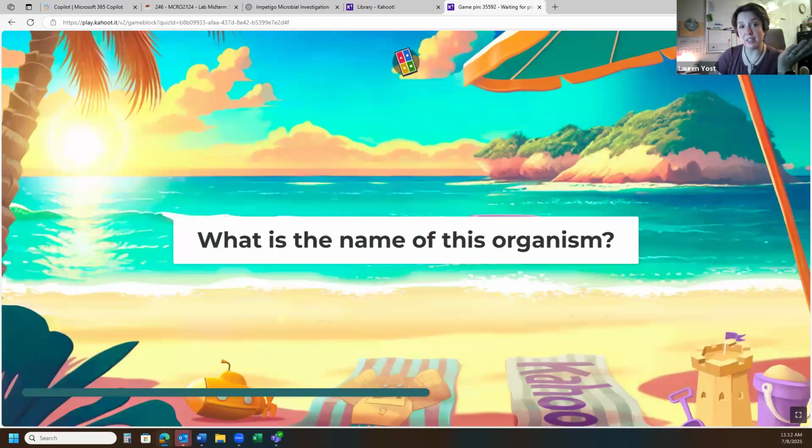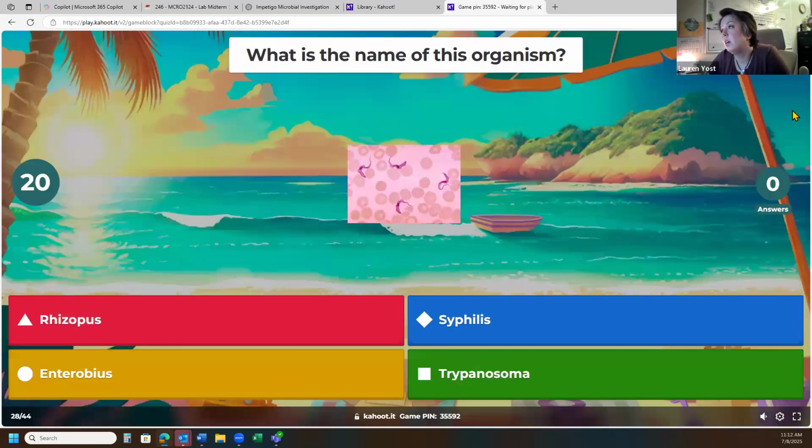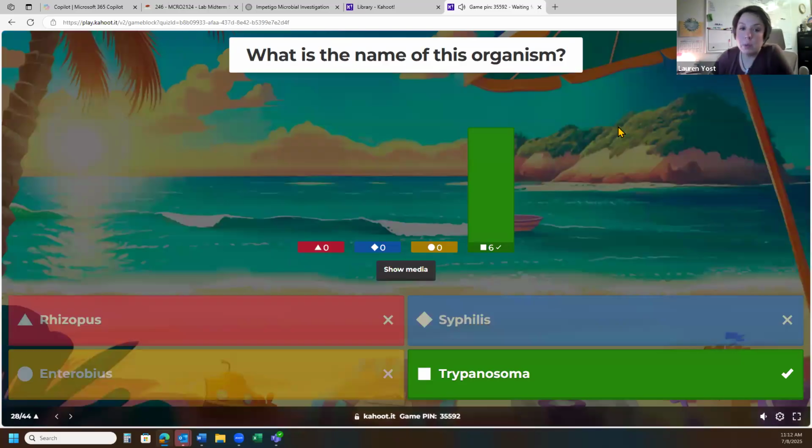What is the name of this organism? All right, so what you were seeing there was Trypanosoma.